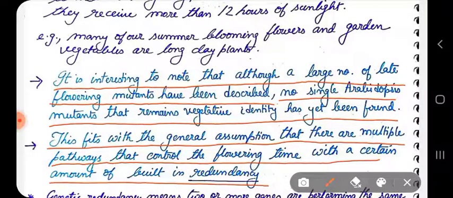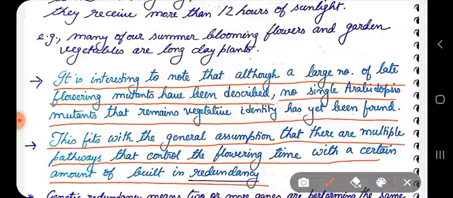Again I repeat, there may be mutations in the flowering time genes which can interfere with flower development, but no single mutated flowering time gene in Arabidopsis thaliana has been found. So that concludes that there must be multiple pathways for flower development.